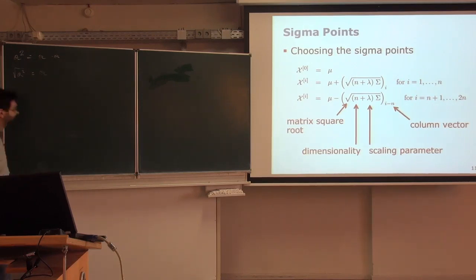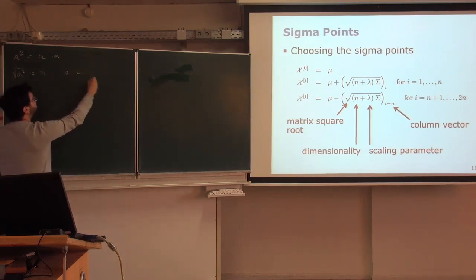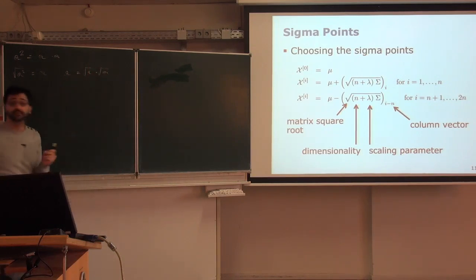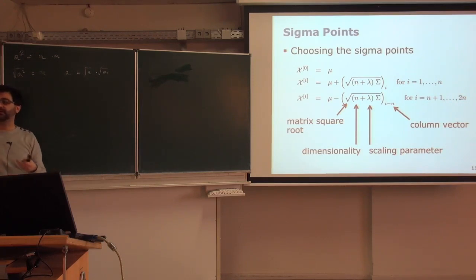I mean, let's not go too much into the complex number part. But you can do it differently. Now you can say that a is equal to square root of a times square root of a, right? So basically, the square root of a number is another number that multiplied by itself is equal to the first number, okay?